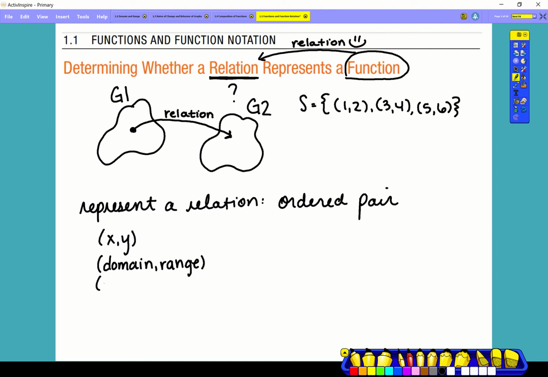Another way to put this for you computer people is input-output. And for you scientists out there, independent and dependent. Those are all different ways of talking about relations.